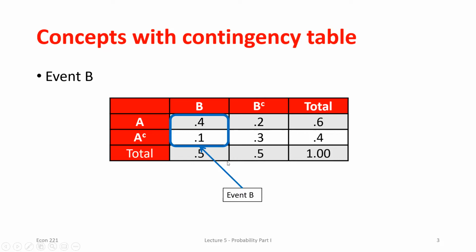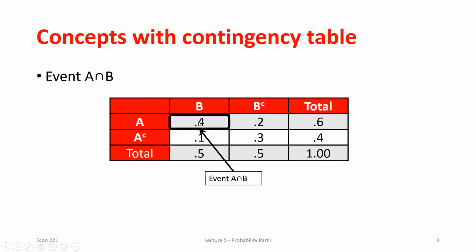Okay? And I'll review some of this once we get to Excel on Wednesday and we build our own contingency table. The other thing we said was these top 4 left cells all represent intersections. So if I want the probability of A intersection with B, or the way that we typically read this, A and B, the probability of seeing something that's in event A and event B would be that 0.4.